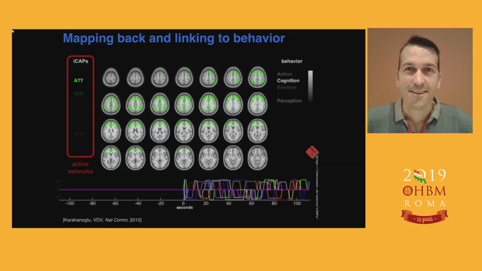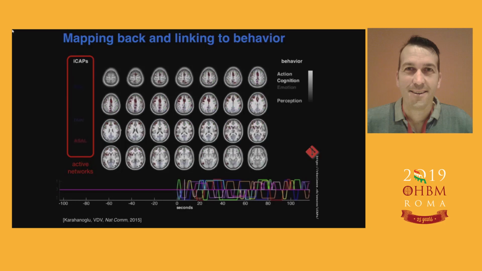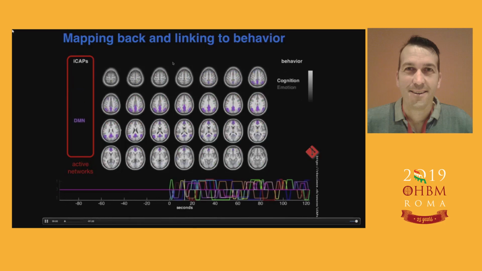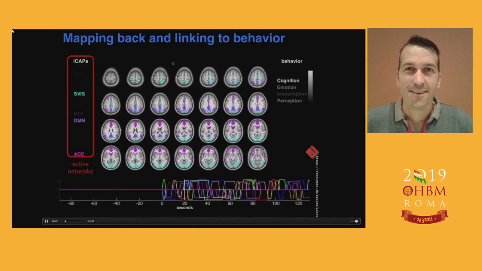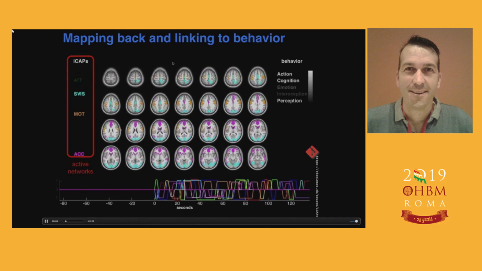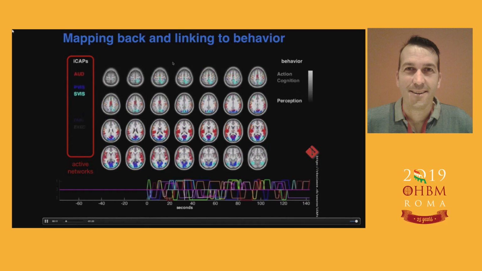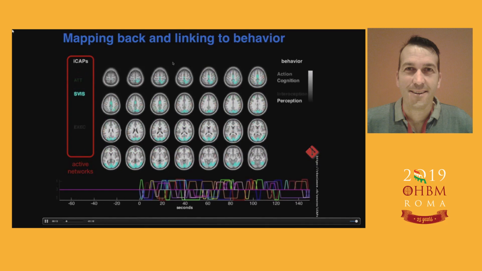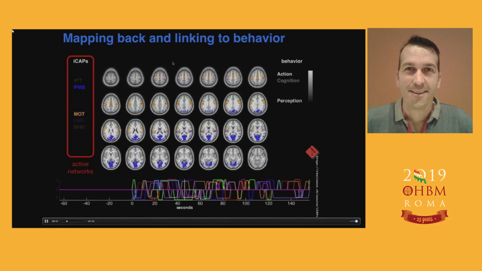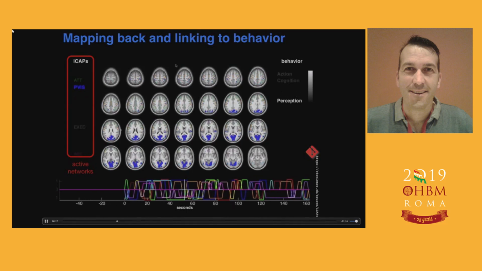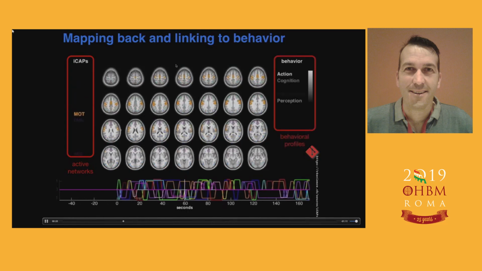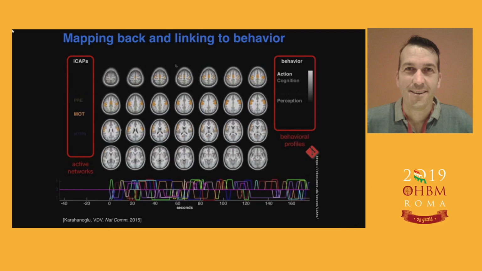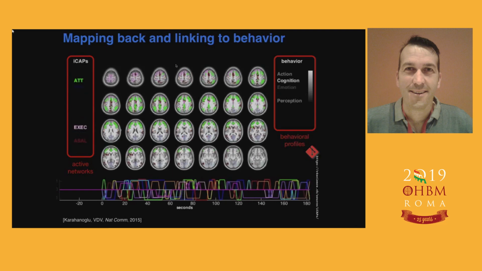And you can even go back to the data and look when each of the iCAPS becomes active, and they can superpose again, as I've said. And you can link them, for instance, using BrainMap or another meta database to a behavioral profile, which gives you an idea what the subject is doing in the scanner at any point in time.